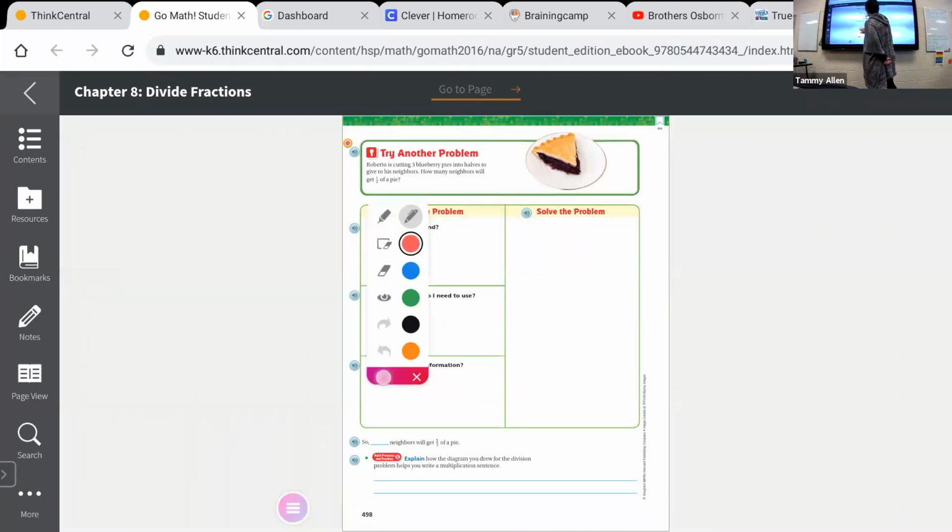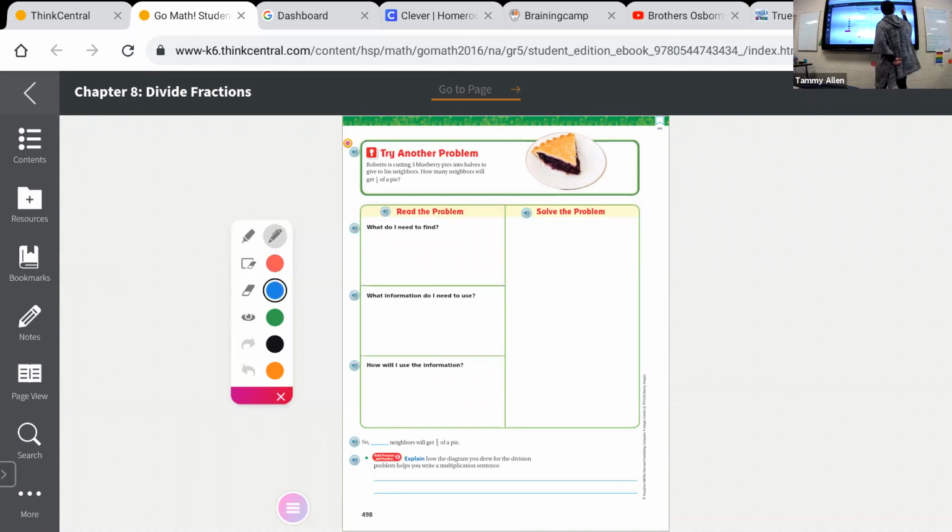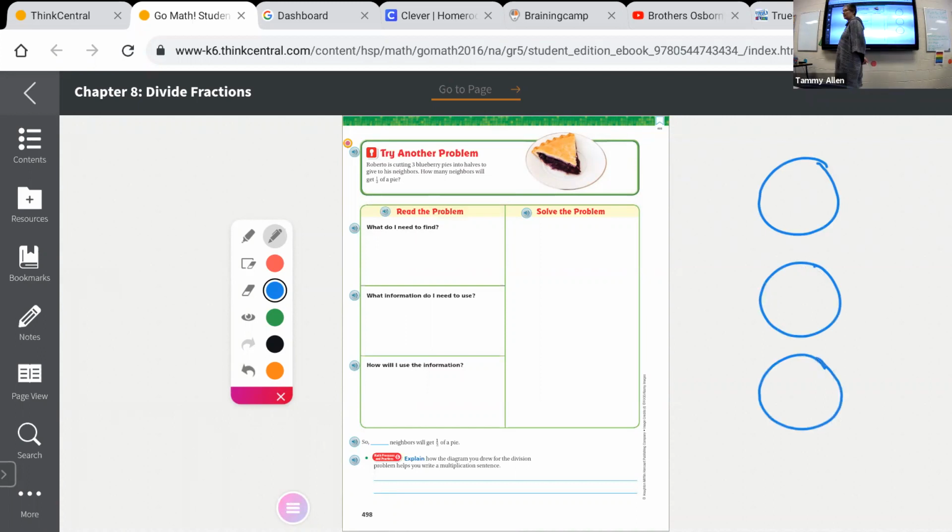Like 3 pies. What am I going to do to these 3 pies? How many neighbors will get half? Okay, we can easily cut a circle in half.